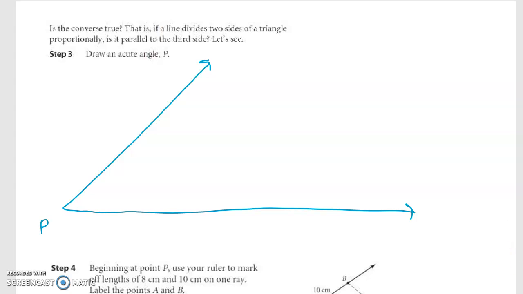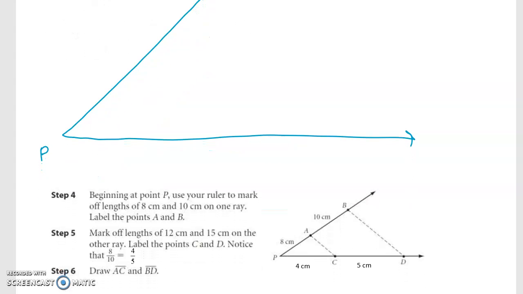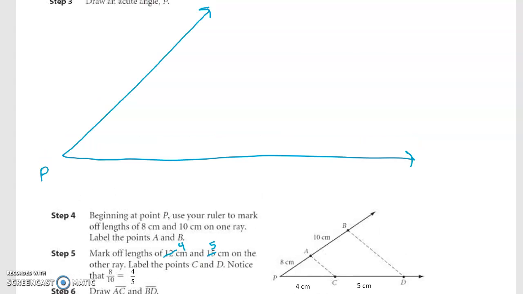It says beginning at point P, use your ruler to mark off lengths 8 centimeters and 10 centimeters on one ray. Okay, and then we're going to mark off lengths, it says 12 and 15 here. Sorry, make that 4 and 5. It's really hard to do 12 and 15 centimeters on a piece of paper. So I'm actually going to do my 8 and 10 on this one and my 4 and 5 on this one.